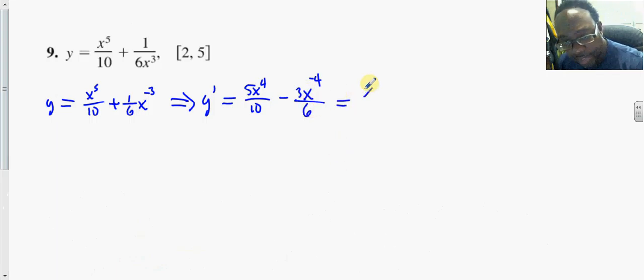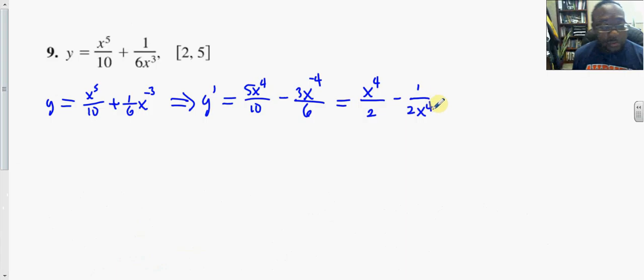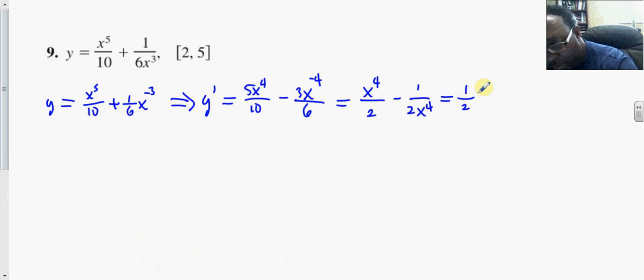We simplify that, that's x to the 4th over 2 minus 1 over 2x to the 4th. Okay. We can factor out a 1/2. So we have there times parentheses x to the 4th minus 1 over x to the 4th.